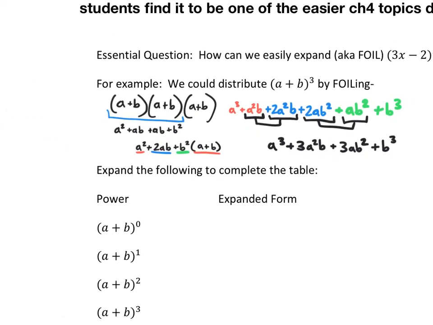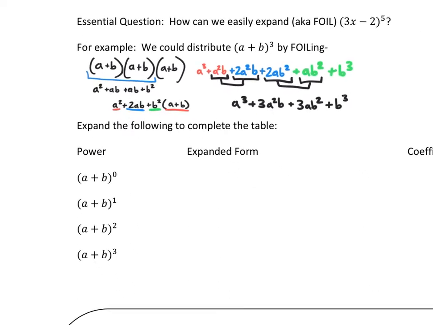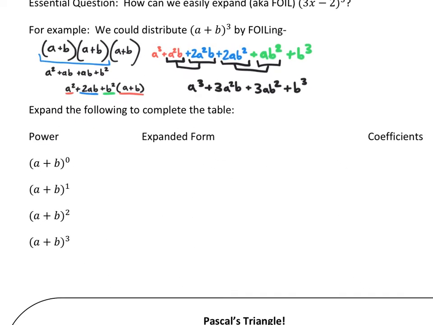So there was quite a bit of work to that, and with that one being variables, it got a little confusing, perhaps for some of you out there. So we're going to look at ways to complete this, leaving them as a and b, and we're going to take the pattern that we discover and see what we can do with it.